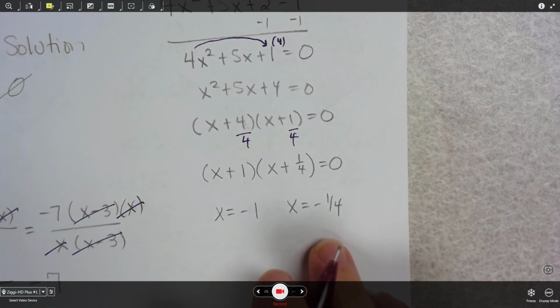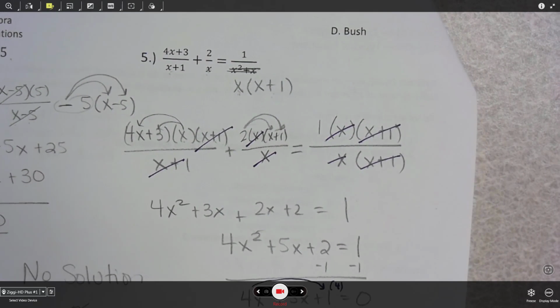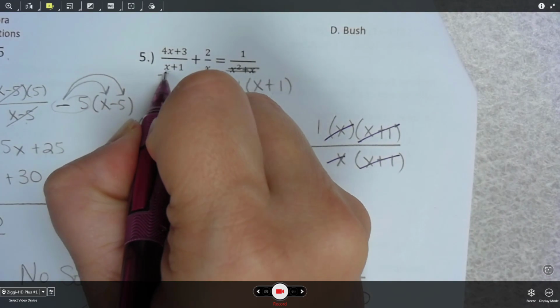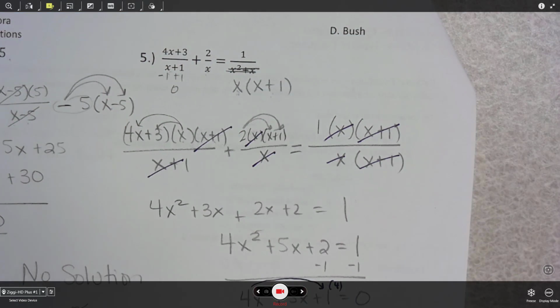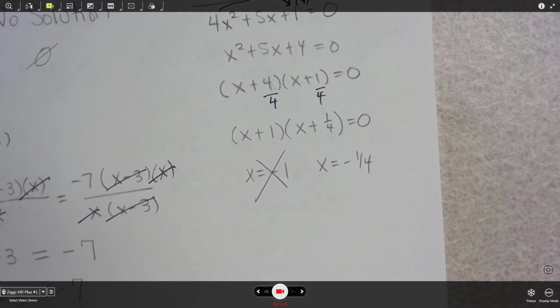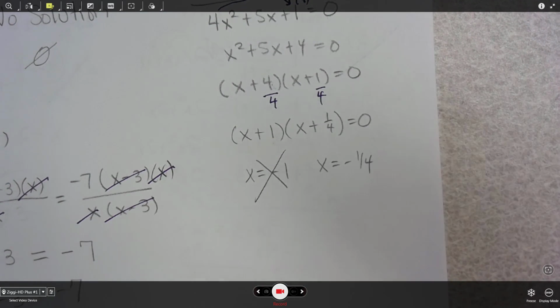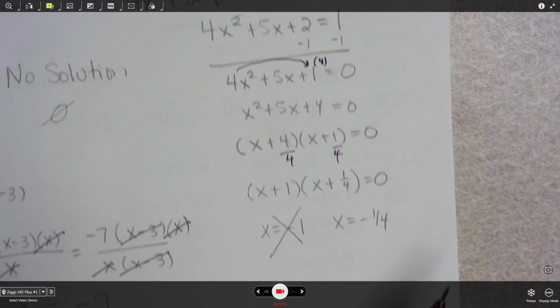I want to verify these answers in the original problem. So if I come back to my original problem, if I plug in a -1 here, I get 0. So what that tells me is that -1 is no good, and make sure you indicate that it is no good in some way by either crossing it out or not circling it.